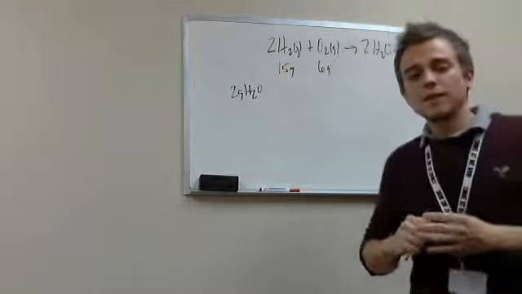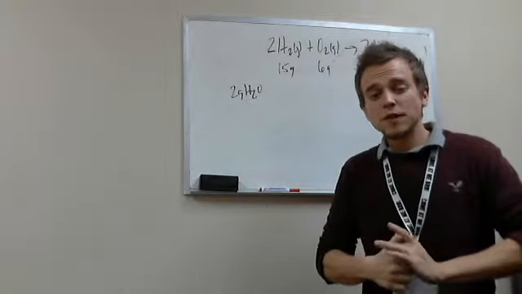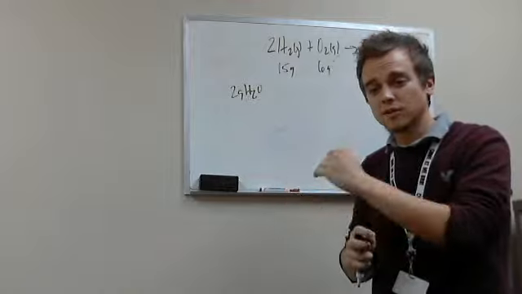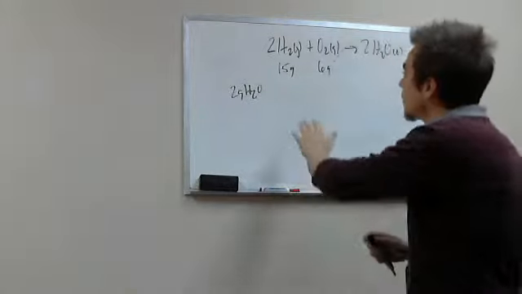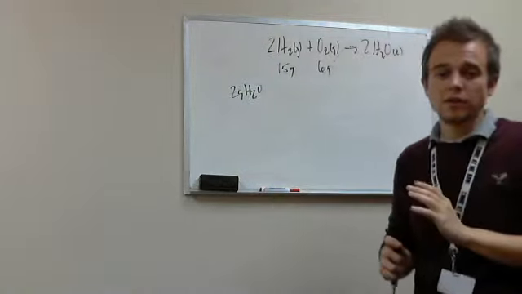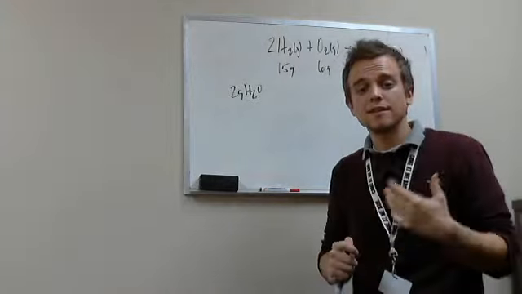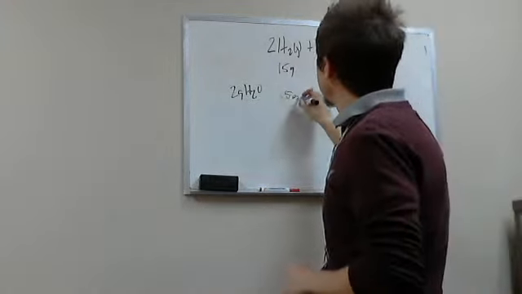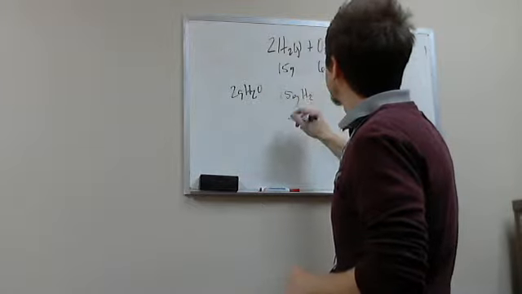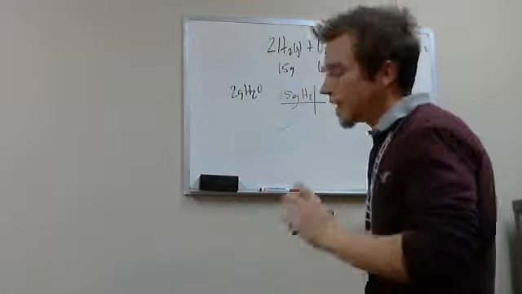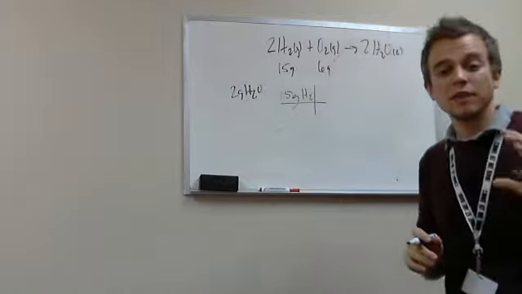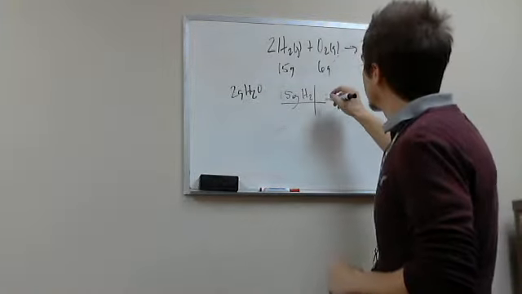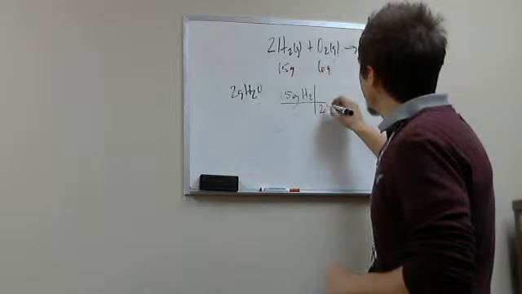To find our limiting reagent, the only thing we do is the stoichiometry problem, the A to B conversion we just went over, for both hydrogen and oxygen, and our B is going to be water for both. So we've got 15 grams of hydrogen, which is the mass of A, and we want to go to mass of B, which is water. Molar mass is 2.